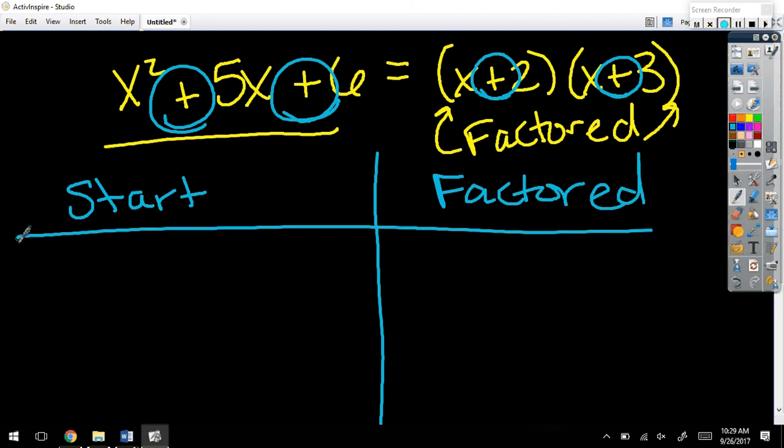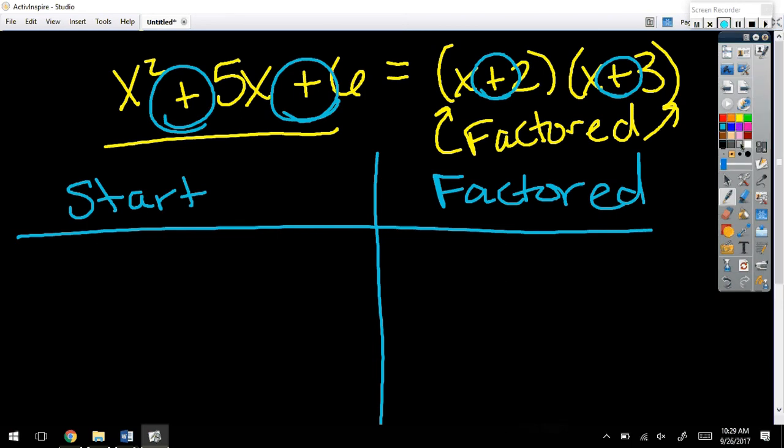If your second sign that you start with is a plus, and whenever I say second sign, I'm talking about this one right here, the second one in the expression. Now, you're going to have to remember, if something is missing, I have to hold its place with a 0.